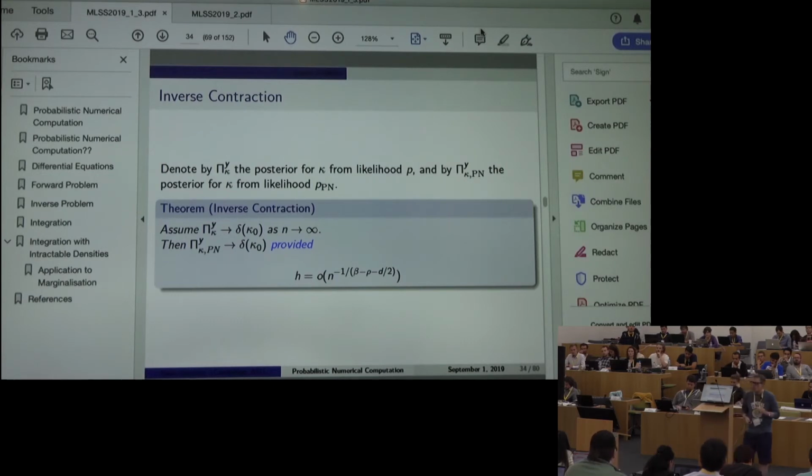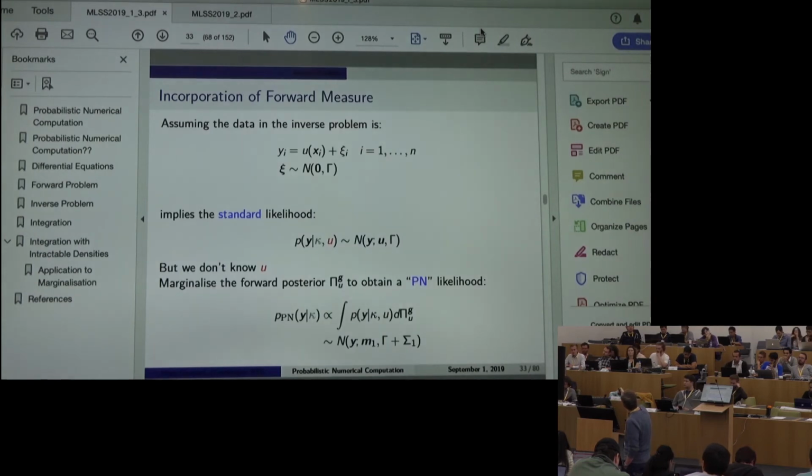If that is the case, then the probabilistic posterior induced by here.